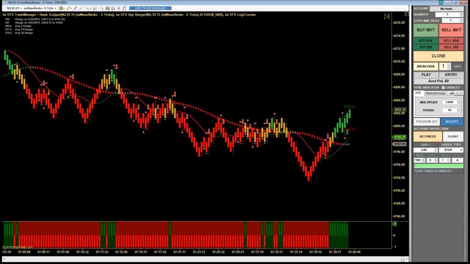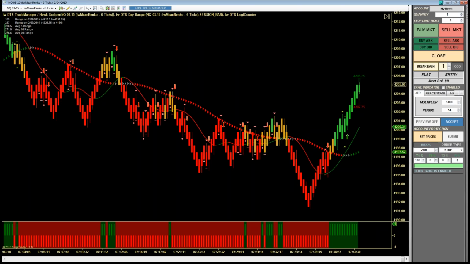You'll see these OCO orders are all paired. So here's OCO 1, OCO 1. If I cancel the one, the other cancels along with it. Here's OCO 2, OCO 2. If I cancel one, the other cancels also.